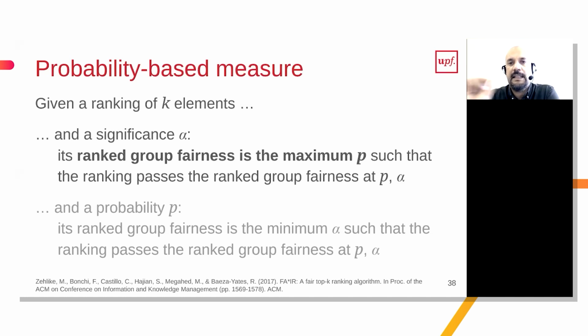To what extent is the sequence compatible with the process of randomized merging of two lists? And the group fairness criterion, the rank group fairness criterion, will be the maximum probability that still passes a statistical test that this ranking was actually created by a process of randomized merging.